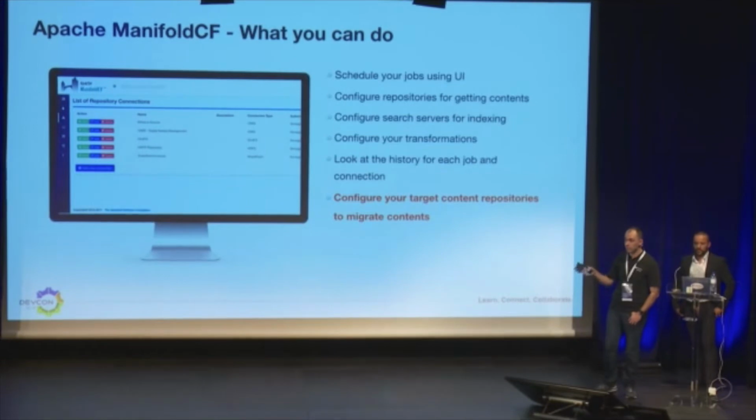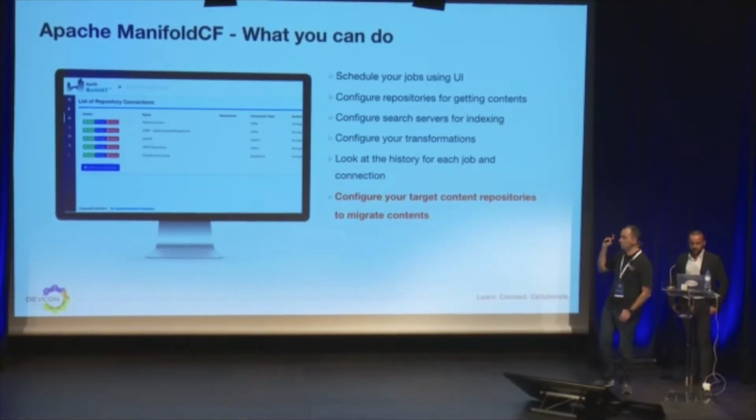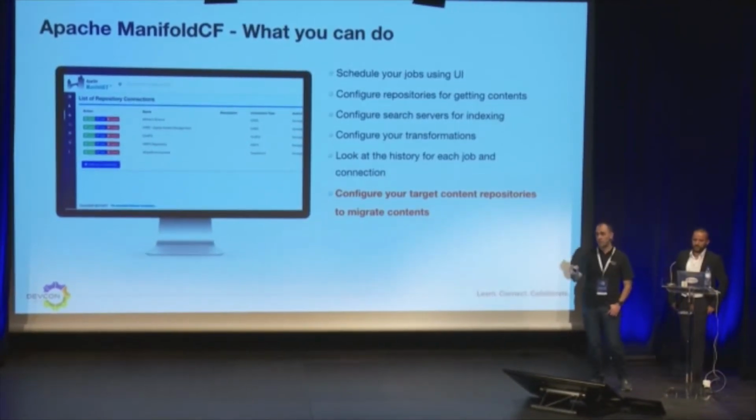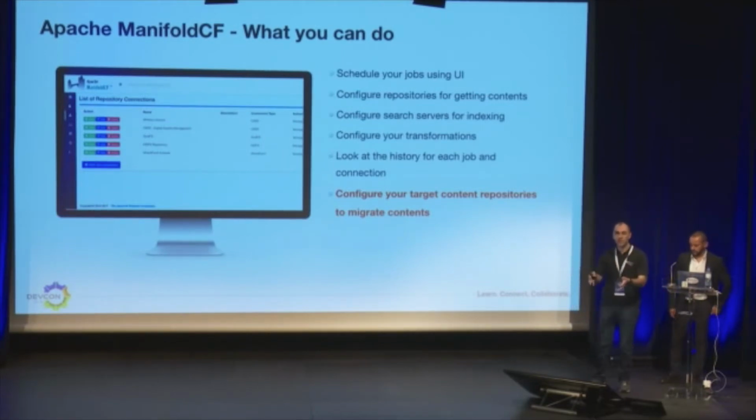So you can configure your content repository connections and your search server connections. If you have Solr, OpenSearch, or an enterprise search platform, you can build and drop new contents using Manifold directly. You can configure your transformations. And also you can take a look at the history for creating reports. You sometimes have to create reports for the compliance department of your customer.